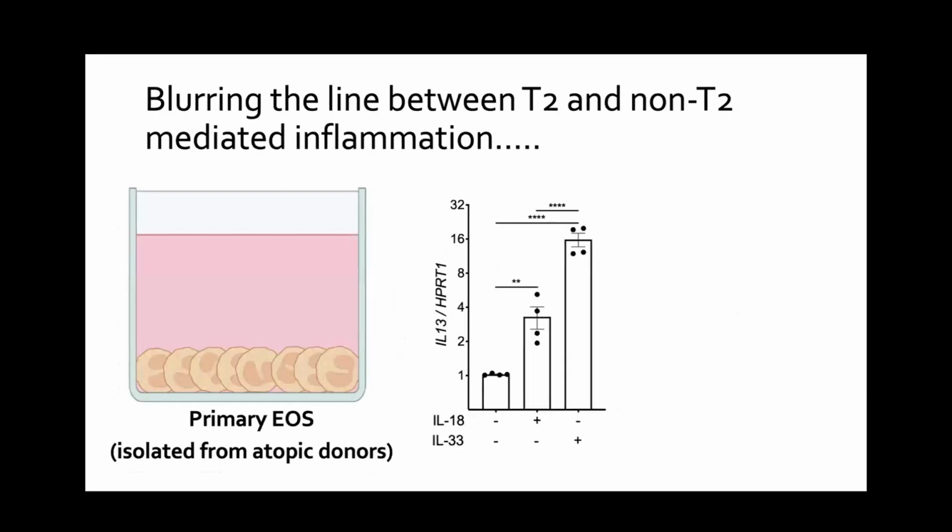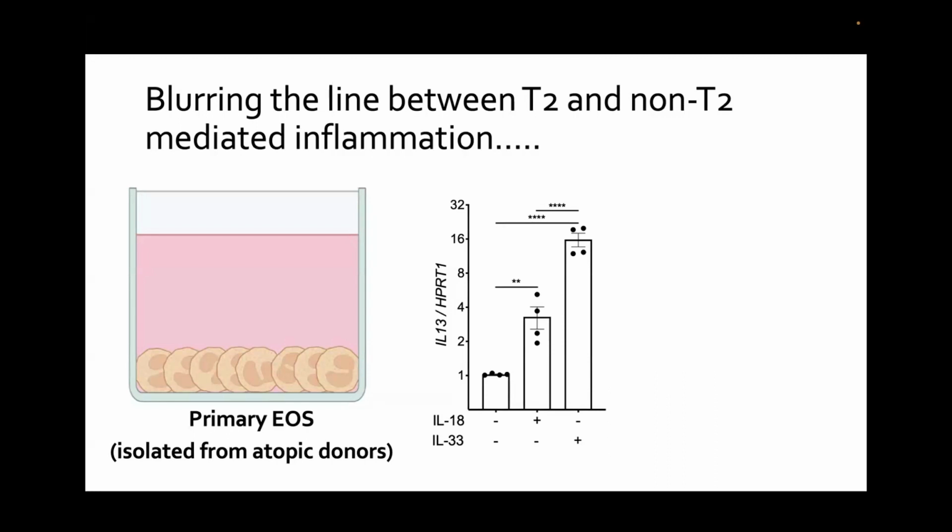Just to further blur the line here, and this is from our Blue Journal paper from this last year, IL-18, which again is considered a T3 signal, is actually inducing IL-13 in eosinophils. And as it turns out, there are several other labs that have been working on this.